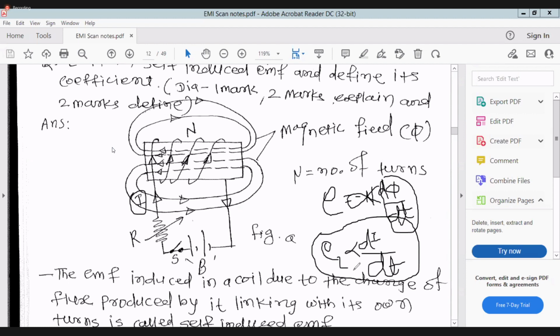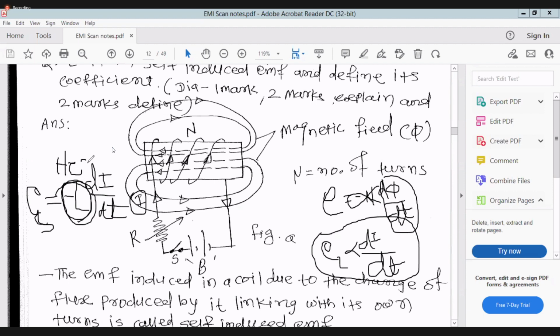If I remove the proportional sign, then I take a constant of proportionality. The self-induced EMF, or you can take it as ES, is equal to minus L into di by dt, where the minus sign is for the direction, back EMF. L is called the constant of proportionality, and it is known as the coefficient of self-induced EMF, or the self-inductance, and the unit of self-inductance is the Henry.